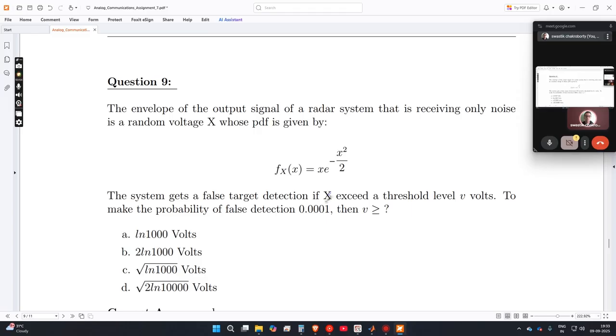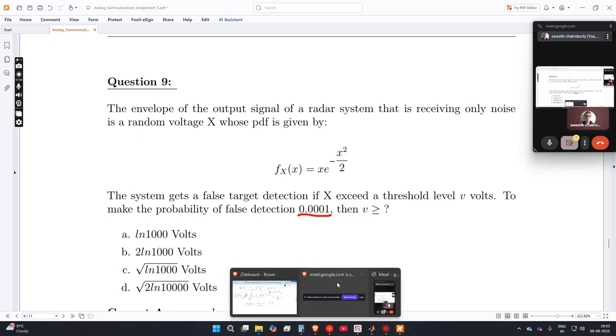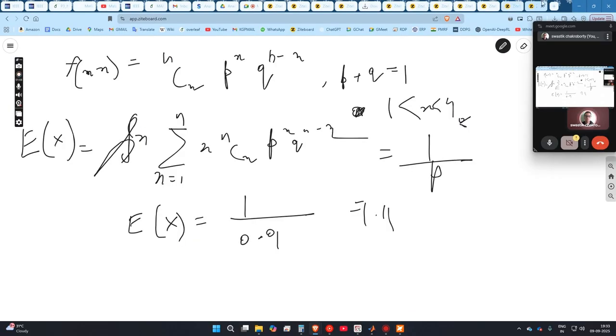The system gets a false detection if x exceeds the threshold level of V. So to make the probability of false detection 10 to the power minus 4, what should be the minimum value of V?